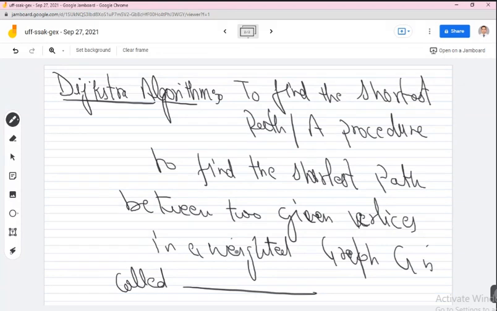Okay, now what are the steps? What is the algorithm to find the path?